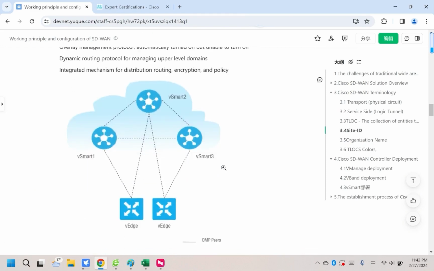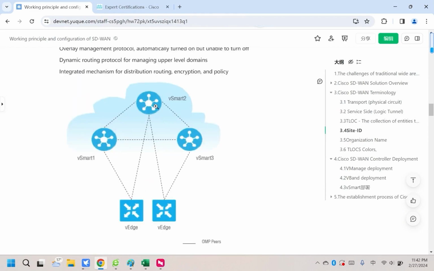Let's look at this diagram. This diagram includes 3 vsmarts forming an OMP session. Here are two vEdges. Vedge and vsmart run the OMP protocol between them, as you can see. In fact, we can consider vsmart as the route reflector in the BGP protocol. Okay, then it's very similar to BGP. The reflector reflects routes. It processes routes but does not generate routes.